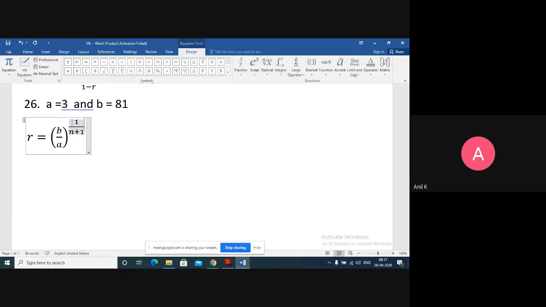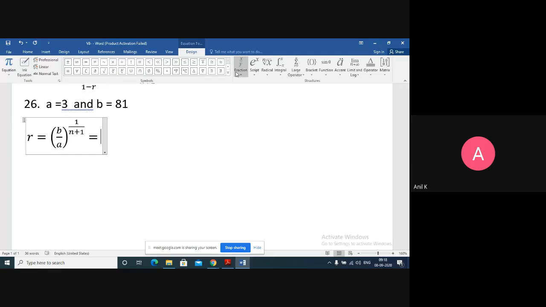I don't know how many of you remember this formula. So substitute the B value, 81 upon 3, which is 27, whole to the power of 1 upon n plus 1, where n is the number of terms you are inserting. So here I am inserting 2. So the n value is 2, and 2 plus 1 is 3.